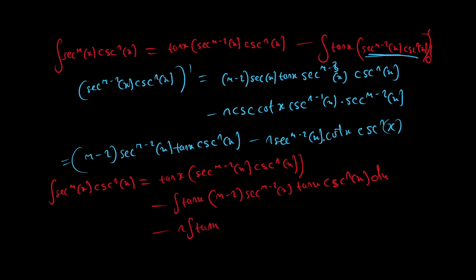We multiply cotangent of x, and then secant to the m minus 2 of x, and then cosecant to the n of x dx. So the interesting thing that happens here is that the tan of x and cotangent of x cancel out, so we're left with secant to the m minus 2 of x and cosecant to the n of x here. And on the other hand here, tan of x and tan of x, you have tan squared of x.